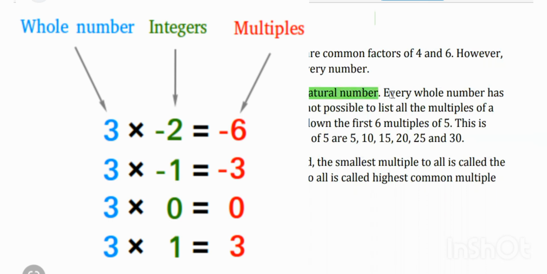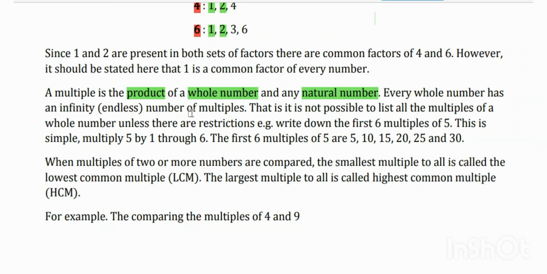Every whole number has an infinite or an endless number of multiples. Meaning, if you ask what are the multiples of 2, when you multiply 2 by whatever, it keeps on going and it's endless.